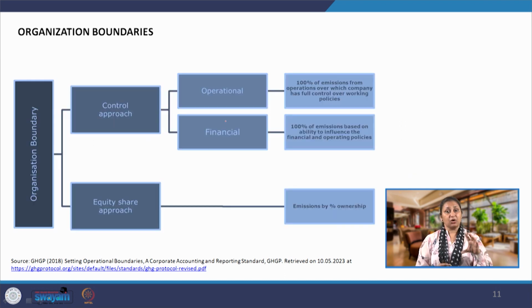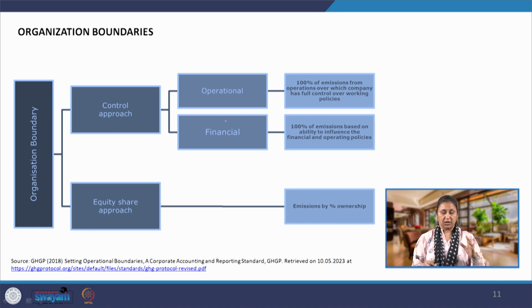Now, if we look at the organization boundary broadly, there are 2 approaches. One is a control approach and the other one is an equity share approach. Currently, GHG emission reporting requires a company to follow either one of the approaches, but to follow the principle of completeness in GHG emissions, a company is required to follow both the approaches and define its organizational boundary based upon both.